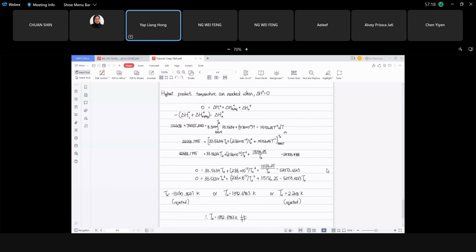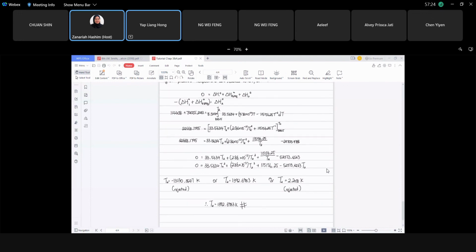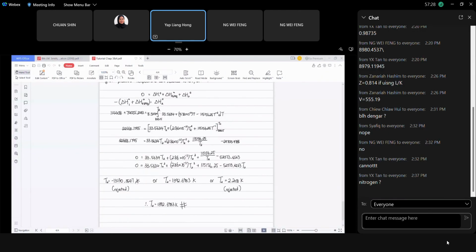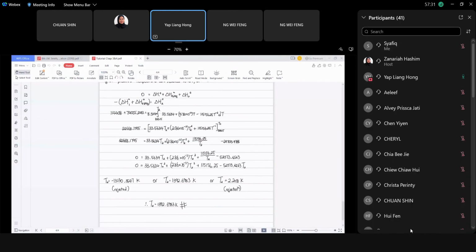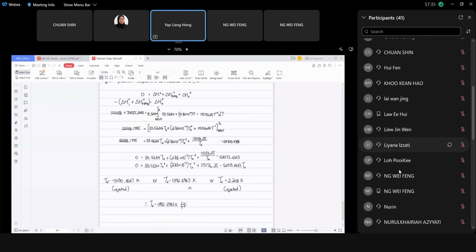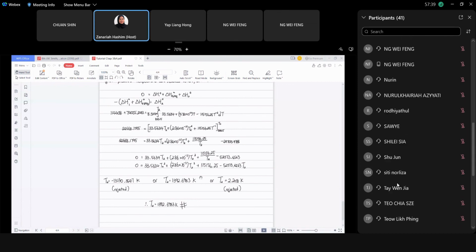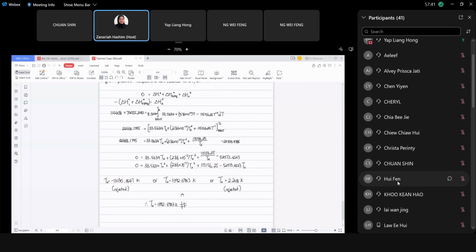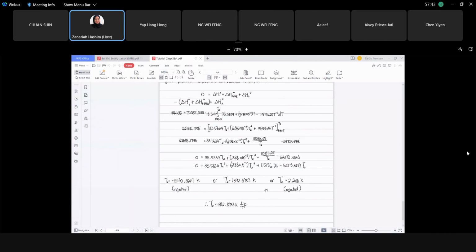This one is the integration, right? I just do the integration, substitute in the numbers, and find the temperature T2 using the calculator. Before this, I used this equation also in the slide example. I get the answer, but there will be two temperatures. If your calculator can solve cubic equations, then it's fine.